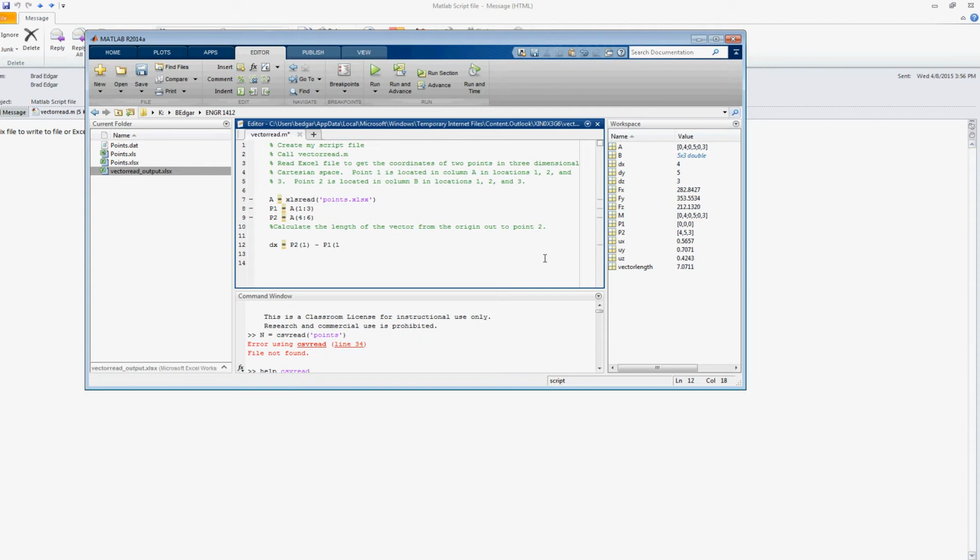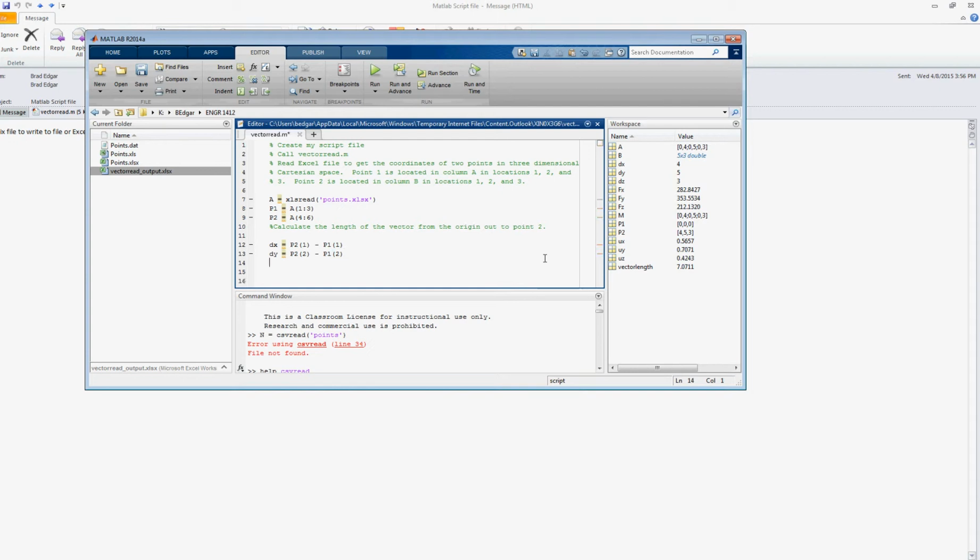So those are the x locations of point 2 and point 1 respectively. And I'll say dy is simply point 2 entry 2 minus point 1 entry 2. Those are the y locations of points 1 and 2 respectively.